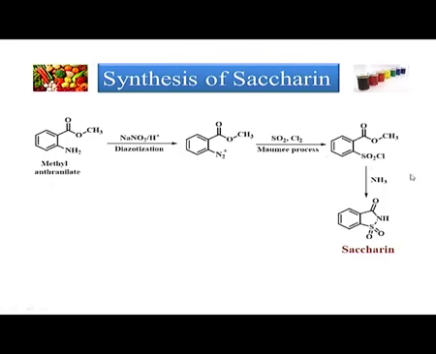Once you obtain this compound, it is treated with ammonia, and what ammonia does is it acts as some sort of bi-electrophile here. It replaces this ester group from this carbon and at the same time it replaces this chloro from the sulfonyl chloride, and eventually one gets the final compound, saccharin.